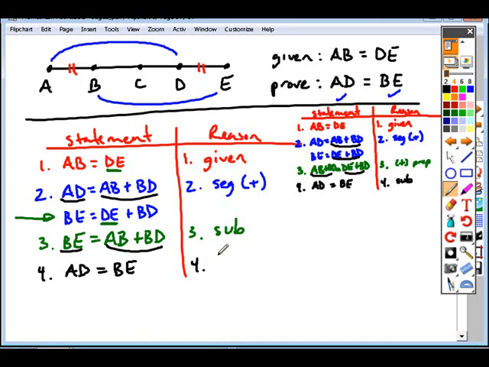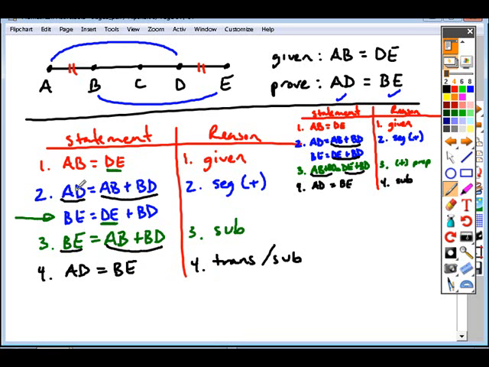And what axiom is that? Things which equal the same thing are equal to each other is transitive property. Okay, now transitive property can always also be called substitution. But the other way around is not true. So step 3, we saw an example of substitution that's not transitive property. But step 4 is an example of transitive property.